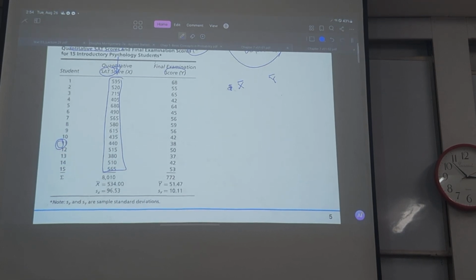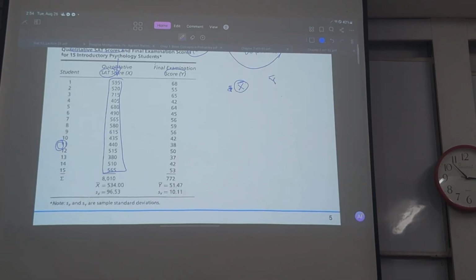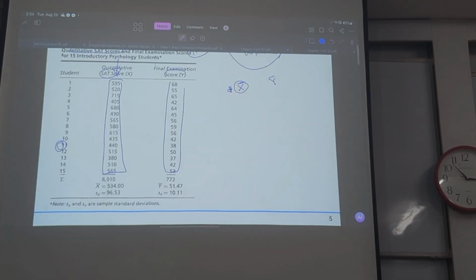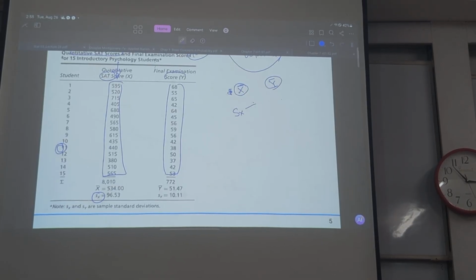X bar represents the average value, the expected value, and Y bar also represents the average. Also, this data has S, which now represents the variance.